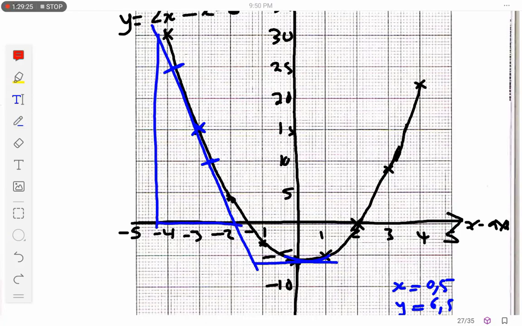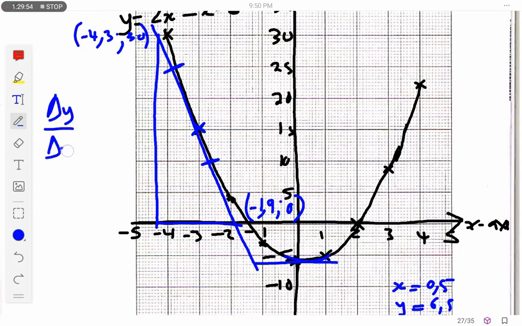For this point here, it's my minus 4.3 point, and a 30. Then for this other point here, it is minus 1.9 there, and a 0. Okay, so we can use our change in y over change in x formula.